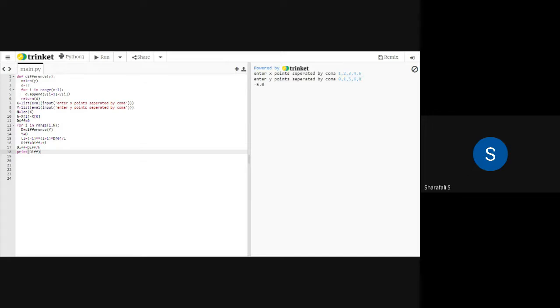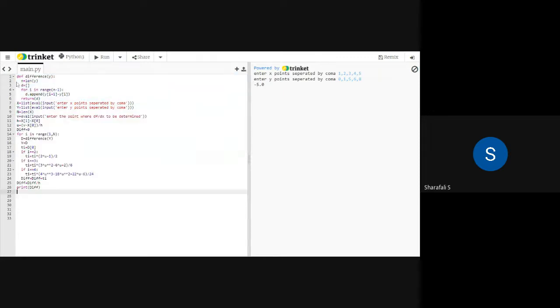But for this, I will be getting the dy by dx at x equal to x0 only, because the program is for that particular case. And if you want to get the program for the other one in general case, then I will just modify this program like this. I will just copy that one here. We'll just modify that program.